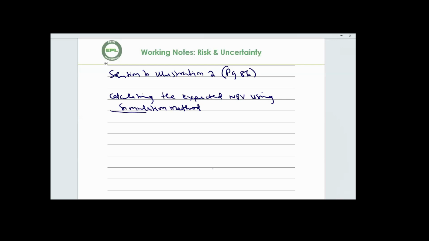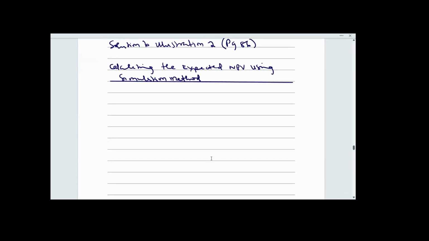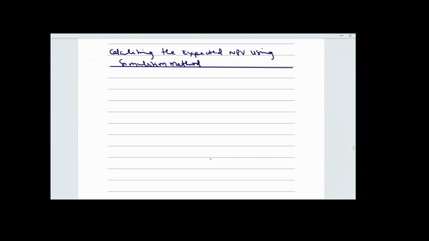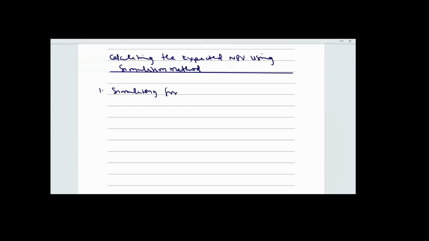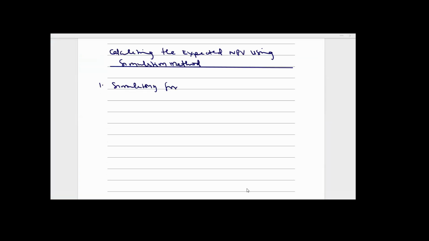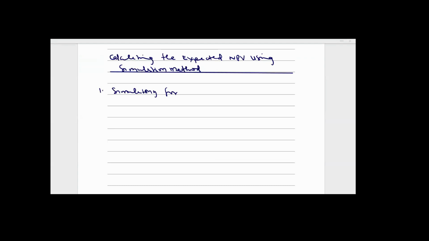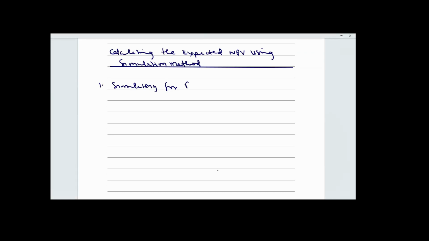To do this, there are 2 stages. The first step is to simulate for each variable of cash inflow and cash outflow. So, step 1, simulating for, I will then go to the question, what are the variables given to us? There are 2 variables, one is running cost, another one is revenue. So I will then say simulating for running cost.